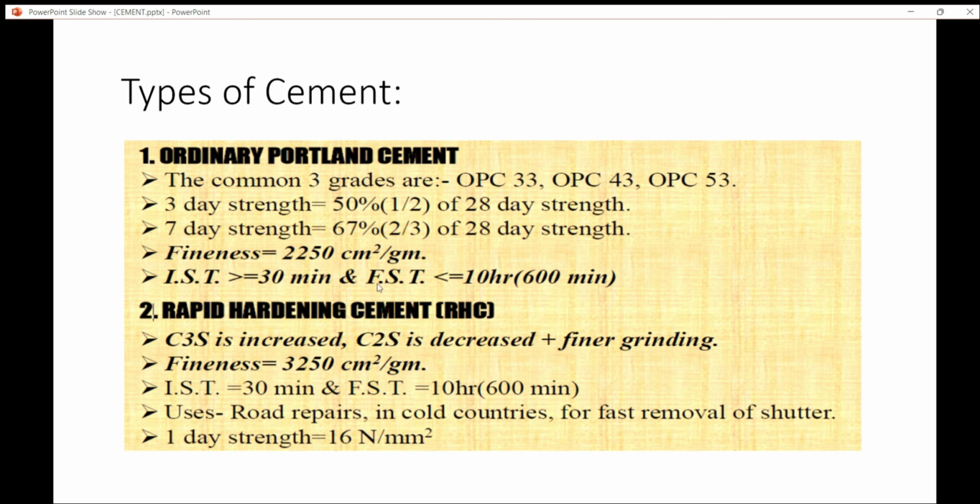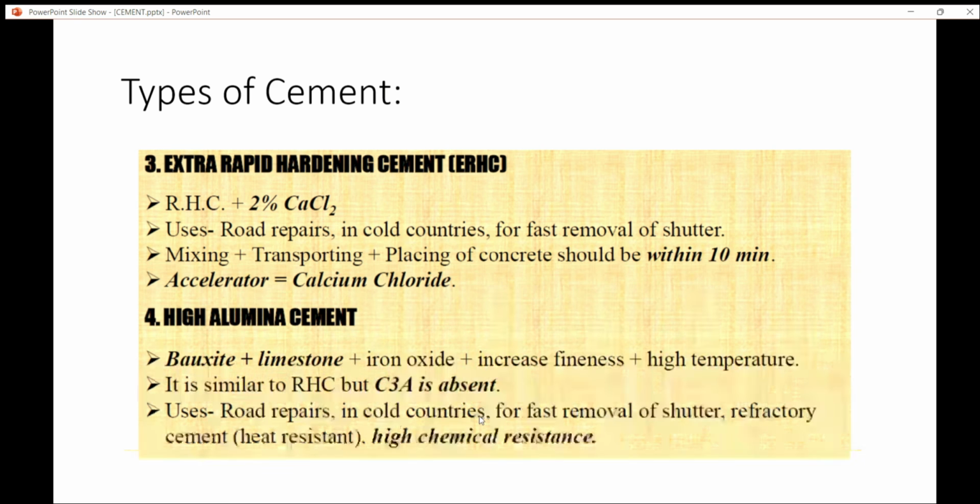Rapid hardening cement. C3S is increased, C2S is decreased plus finer grinding. Fineness is 3250 centimeters square per gram. Rapid hardening cement has more fineness than ordinary Portland cement, and it is used for road repairs in cold countries for fast removal of shutter. One day strength is 16 Newton per millimeter squared.